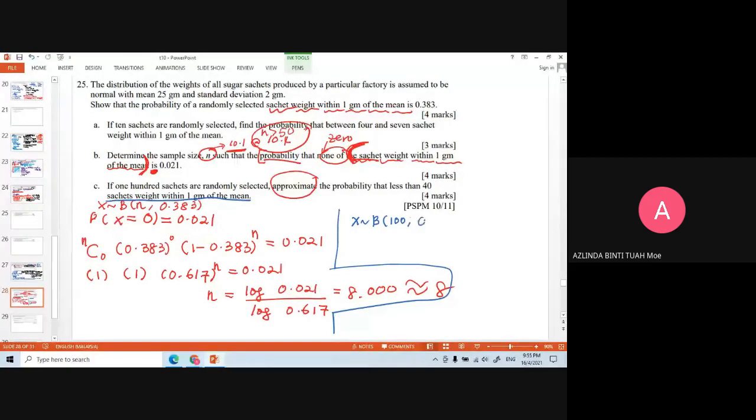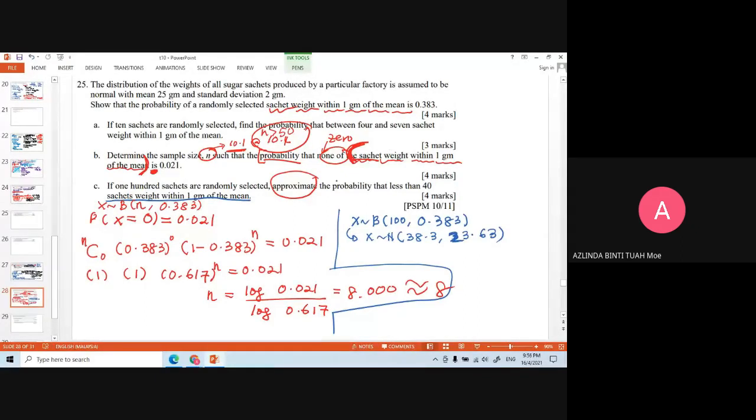So probability dia masih samalah 0.383. Okay, since kita tahu dia dah greater than and we sure this is greater than 50, approximate pergi ke normal. So 38.3. NPQ berapa sini? 23.6311. 63 cukup lah.